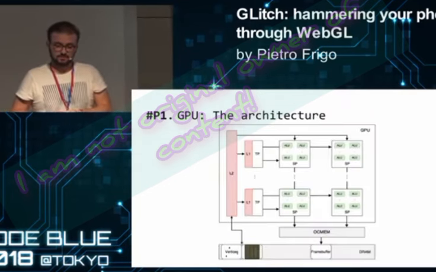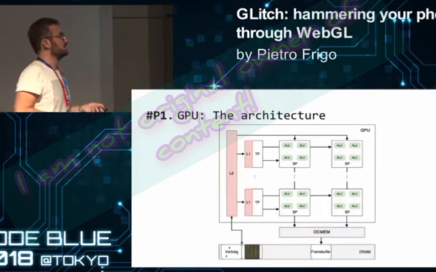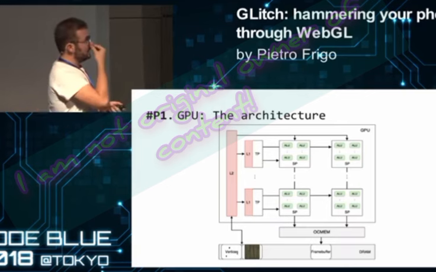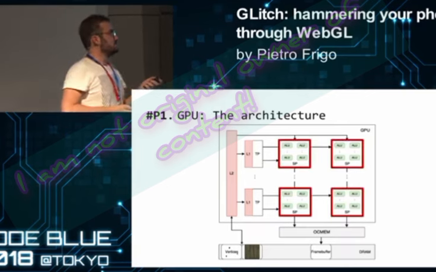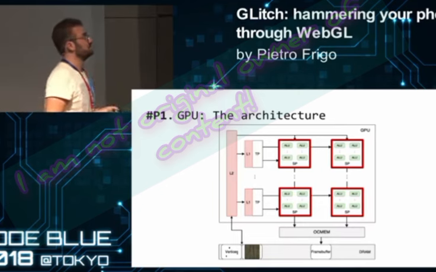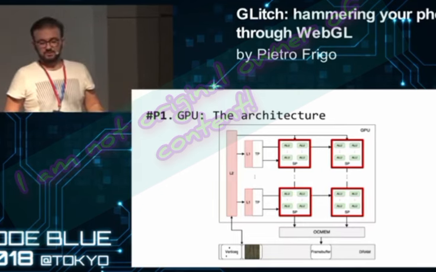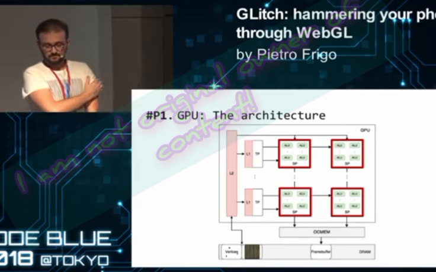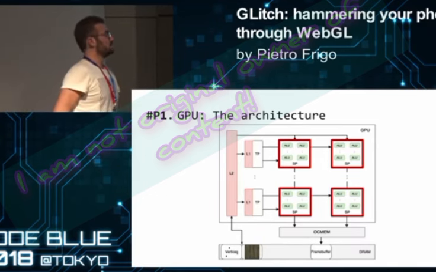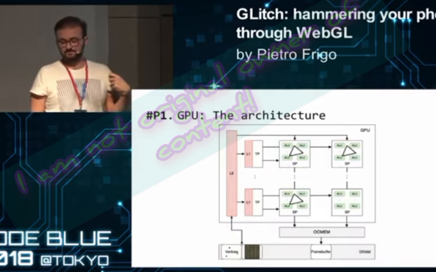Now, how does this work on the GPU architecture? So this is an idea of how the GPU looks like. And you have these units, which are the stream processors, which are basically the main cores of the GPU. And you usually have multiple of them to parallelize as much as possible your computations. And what they do is they start by querying the vertices from DRAM to run the vertex shader.